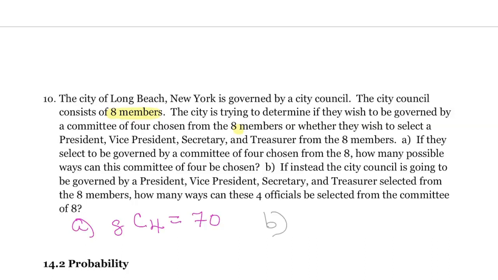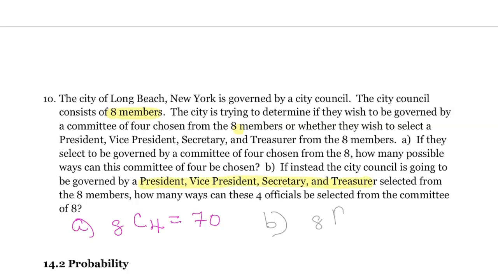It says if instead the city council is going to be governed by a president, vice president, secretary, and treasurer selected from the 8 members, in how many ways can these 4 officials be selected from the committee of 8? So the second you see you have these special titles, you're going to say, I had 8 to choose from.